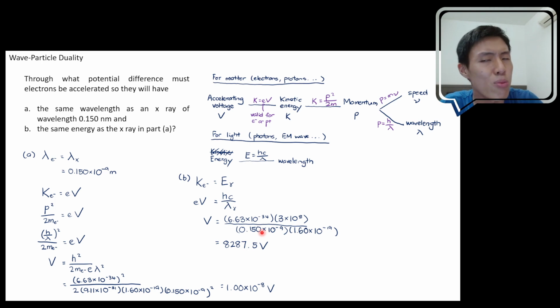I'm not really familiar with electron microscopes, it's not my field of study. But here you can see that if you want to match the energy of a usual photon, it requires a greater accelerating voltage. If you're just trying to match the wavelength, the voltage needed is actually quite small. This is the kind of observation that I can see from this question.